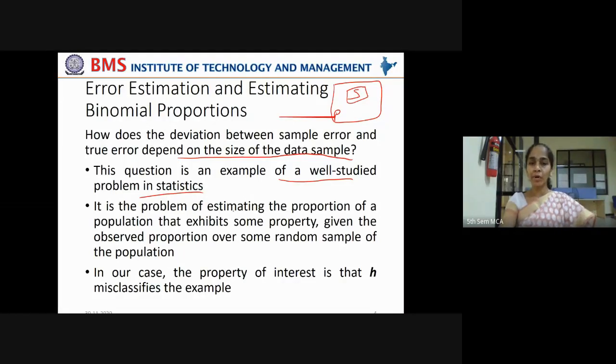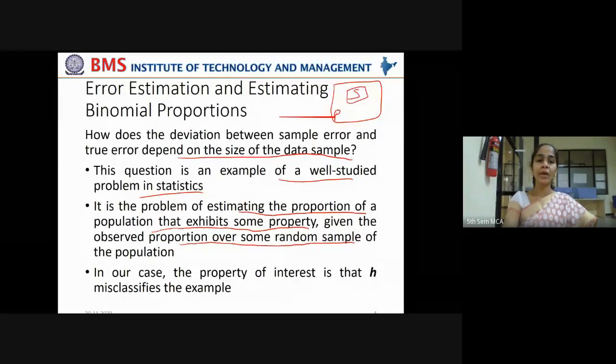Now it is the problem of estimating the proportion of a population that exhibits some property given the observed proportion over some random sample of the population. So if you take some random sample from the population, whether it is exhibiting a property which can also be observed with a larger population, that we are going to study.